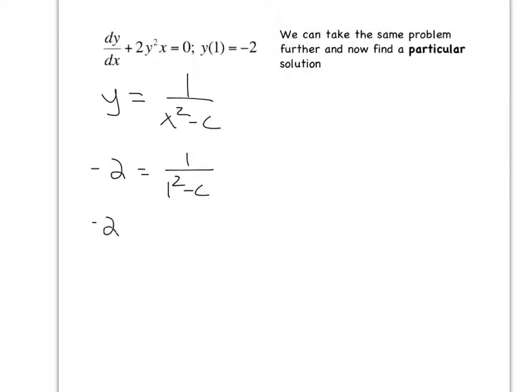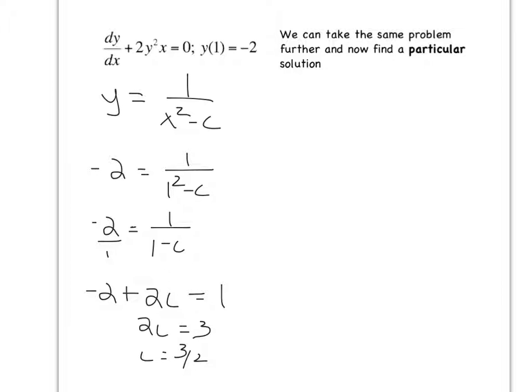So -2 equals 1 over 1 minus c. This is a case where you probably do want to cross multiply, but handle it how you'd like to. This would give us -2 plus 2c equals 1, which means 2c equals 3, which means that c equals 3/2.